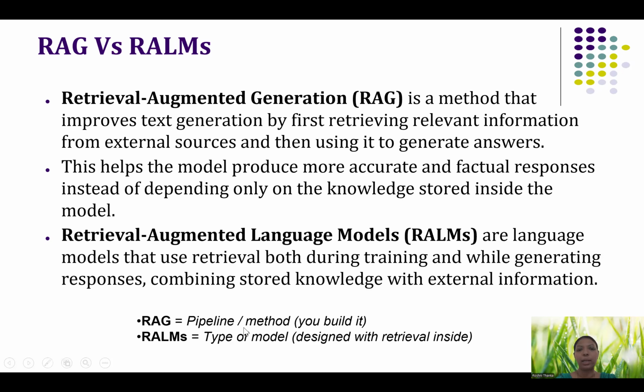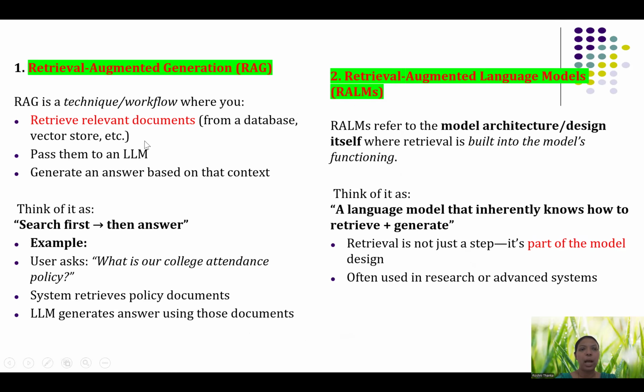So RAG is a method you build. This is a type of model; the model itself is already trained. Let's see the difference between them. RAG is a technique or a workflow. We know what happens in RAG from just before: it retrieves the relevant document, passes it to the LLM, and then generates the answer.